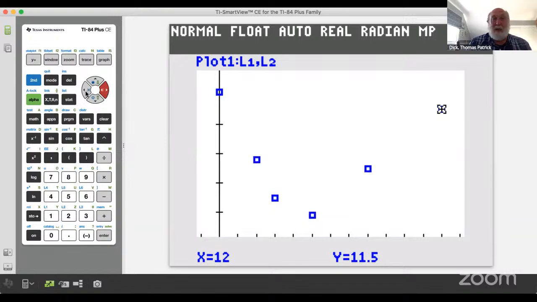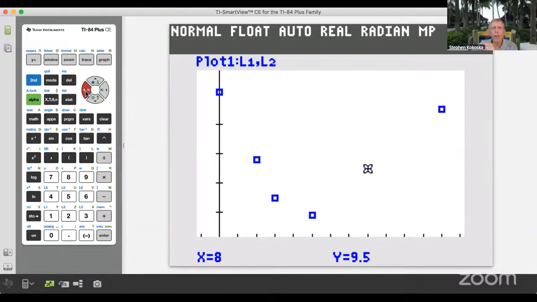Okay, Tom, go ahead. One question about this trace. As you trace along these points, how does it trace? Does it trace left to right, or does it trace by the order in which they are in the table or in your list editor? I believe it traces by the order they are in your list editor. So if I had put them in a different order, it is not left to right.